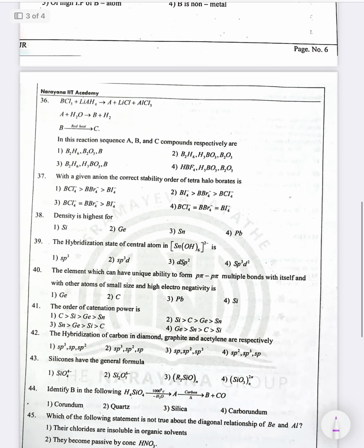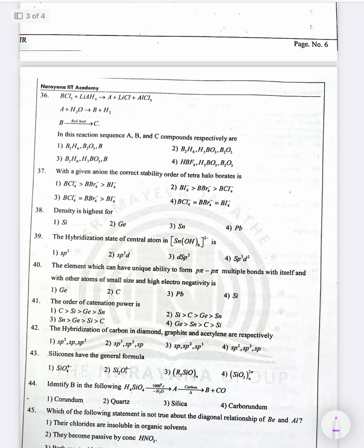Next, 36th. BCl3 when reacts with lithium aluminum hydride, this is LiAlH4, gives A plus LiCl plus AlCl3. Here A is diborane, B2H6 is formed. So now A, B2H6, reacts with water, gives B plus H2.